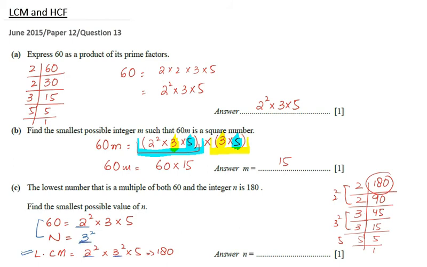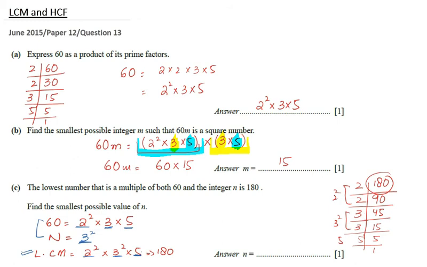Here we have 3 square, and in 60 it is only 3 raised to the power 1, so the maximum power we will take is 3 square. And then here we have 5, so 5 has come in the LCM. So it means that the smallest possible value of n can be 3 square.